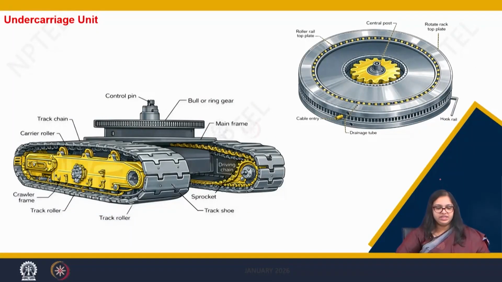Now, if we see clearly how a bull gear looks, you can see this is how a bull gear looks like, where there is a huge rack top plate onto which there is a ball race, something which looks like this. This is the ball race which helps in the smooth swiveling of the complete turntable.